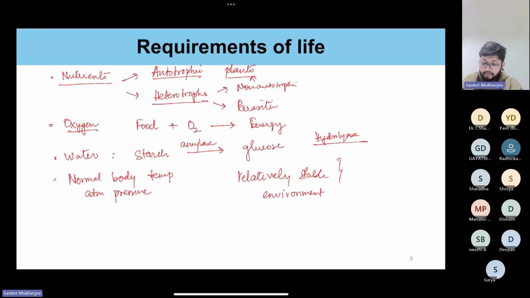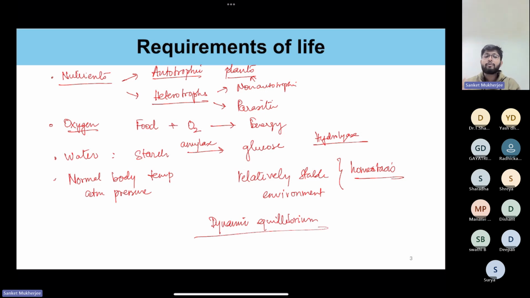The maintenance of a relatively stable environment inside a body is usually called homeostasis. That is the term for it. And there are certain changes also which are allowed. It's not that it's very rigid. So that is called dynamic equilibrium. These are very important key concepts in terms of life.